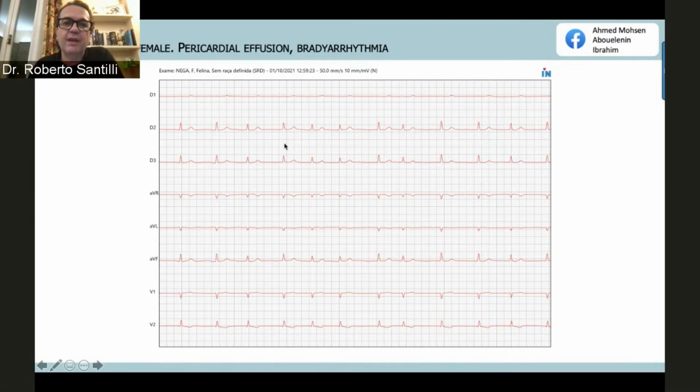Brody effect is a change in the amplitude related to the filling. When you have a long RR interval, you have more left ventricular filling, and this increases the amplitude. When you have a short RR interval, there is a decrease in the amplitude, and this is less ventricular filling.